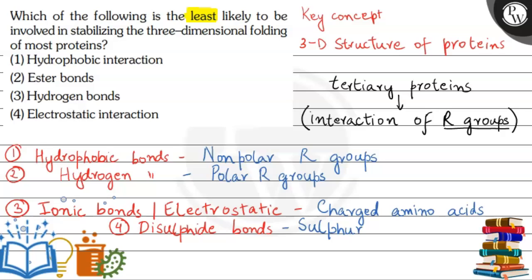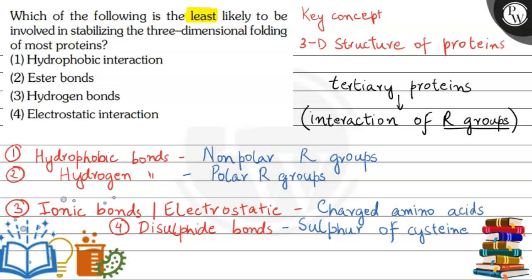So they are formed between the sulfur groups of cysteine, which is an amino acid. And disulfide bonds are one of the strongest bonds of the 3D structure of protein, which helps in stabilizing its structure.